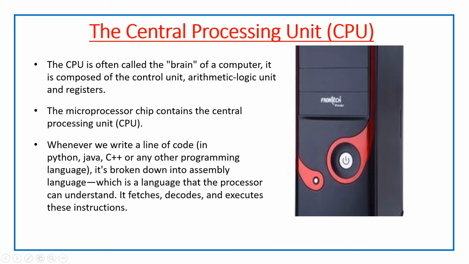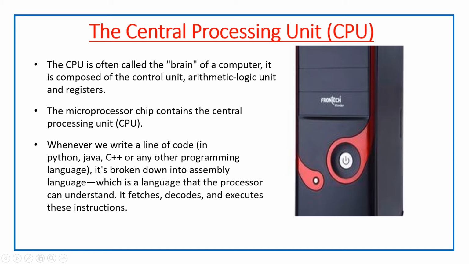So in this point we can see that if we write a line of code in any programming language, that line of code is broken down into assembly language because the computer understands the assembly language.